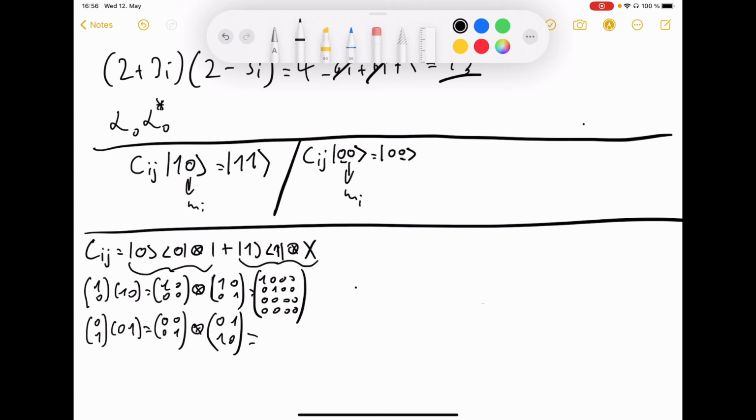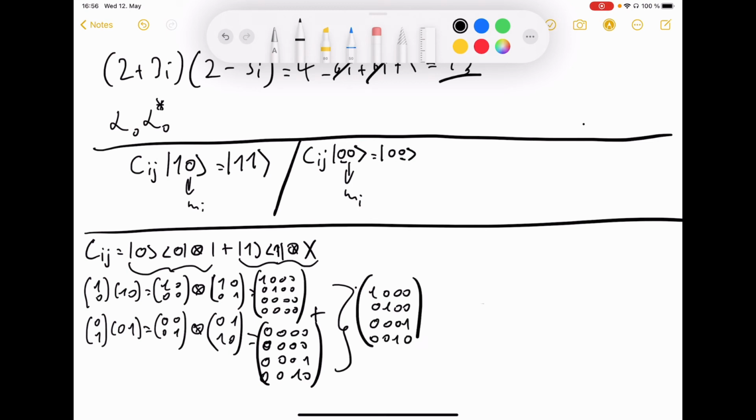If we quickly run that through, we have 0 0 0 0 for the first row, all zeros for the second, 0 0 0 1 for the third, and 0 0 1 0 for the last. Now we add these up, which gives us this one here, which is the controlled NOT operation. So this is how you construct this gate.